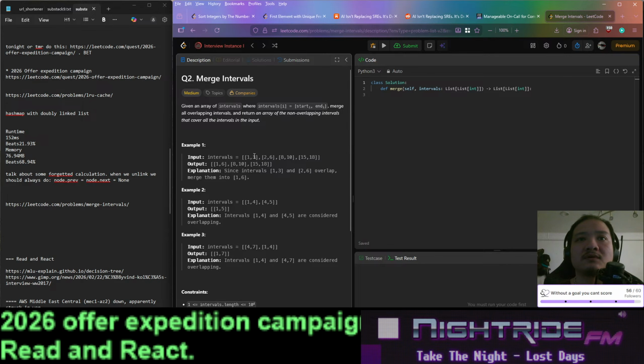If they can be merged, we merge them, pop the top, and then insert the merged one. So let's do that.